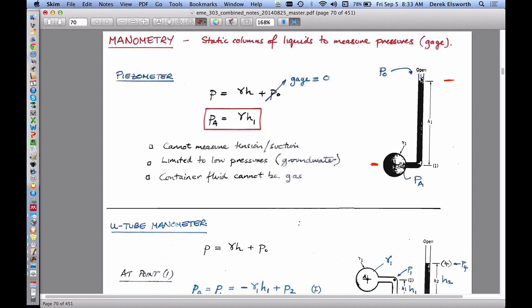You just realize that at the top we have atmospheric pressure, and typically we'll take atmospheric pressure in this as equal to 0 gauge pressure. And as we go down from this, the pressure will increase, so the pressure change here, delta P, is just going to be equal to the unit weight of whatever the fluid is multiplied by H1.